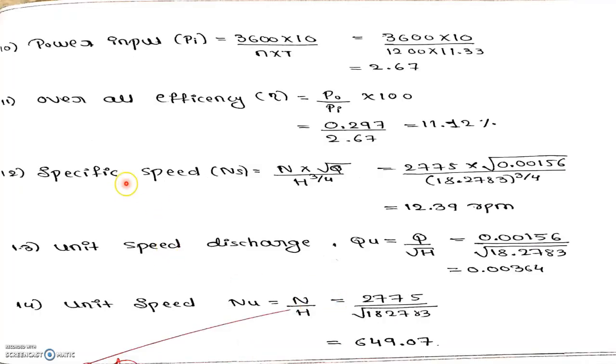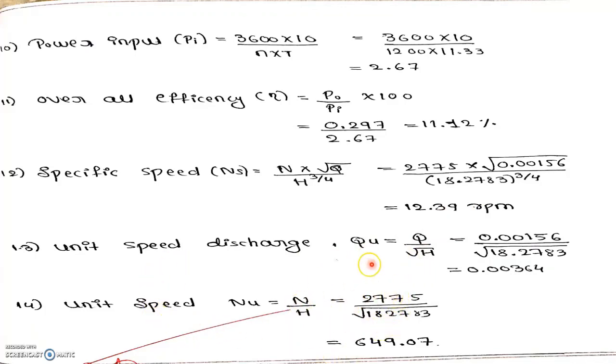Again, you find the power input to the pump. You find the efficiency; here you got an efficiency of around 11.12. You find the specific speed, which is around 12.39 RPM. You find the unit discharge and the unit speed also.